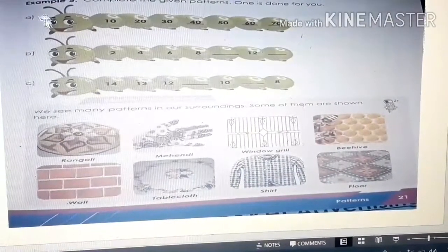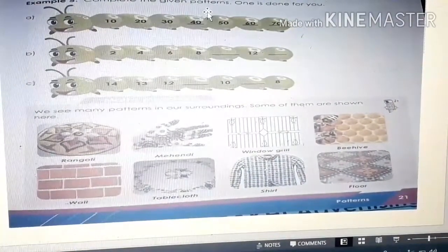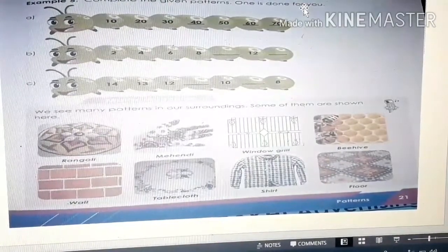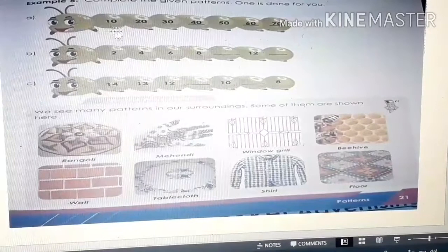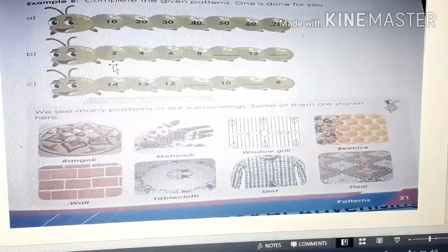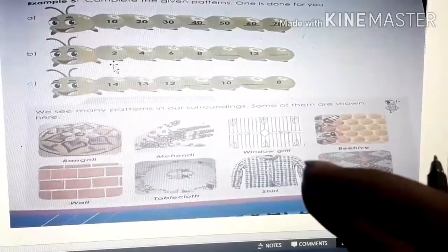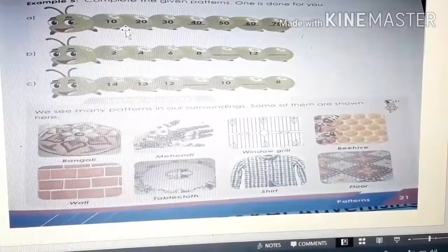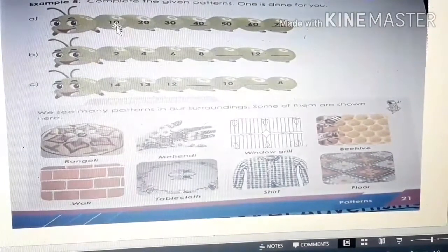Let's do example 5. Complete the given patterns. One is done for you. So children, as I told you, this is a pattern in numbers. You have to observe which number is missing and what number will come in that blank. So the first has been done for you. You just read after me.